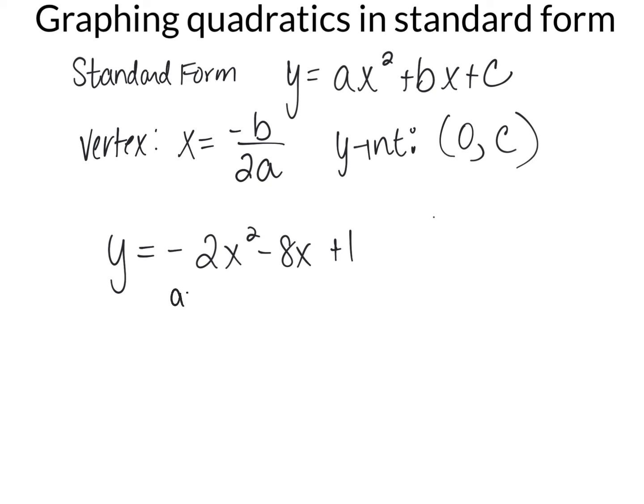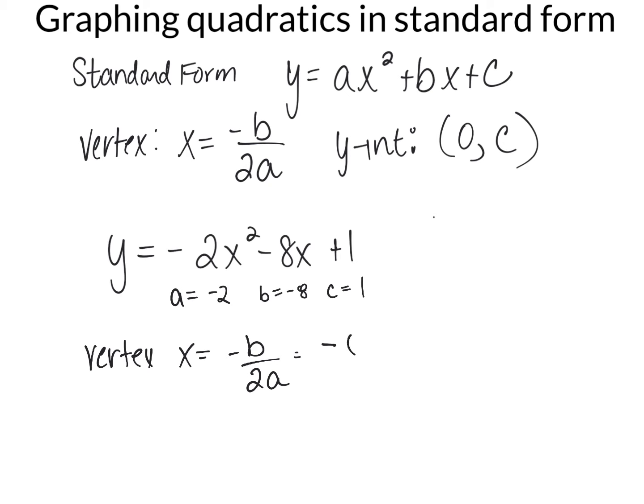What is my a? My a is negative 2, the number in front of x squared. What is my b? And what is my c? 1. Okay, so if I'm finding my vertex, x equals negative b divided by 2 times a.